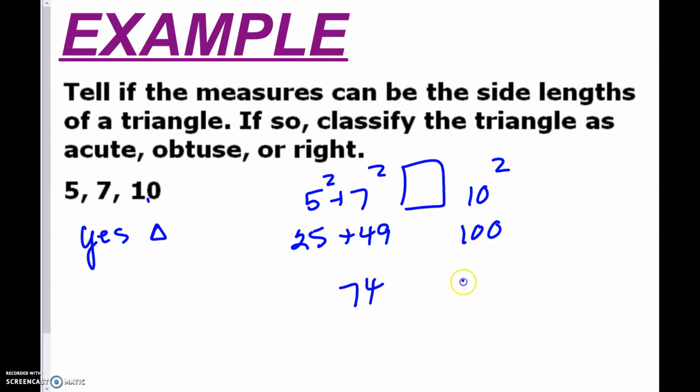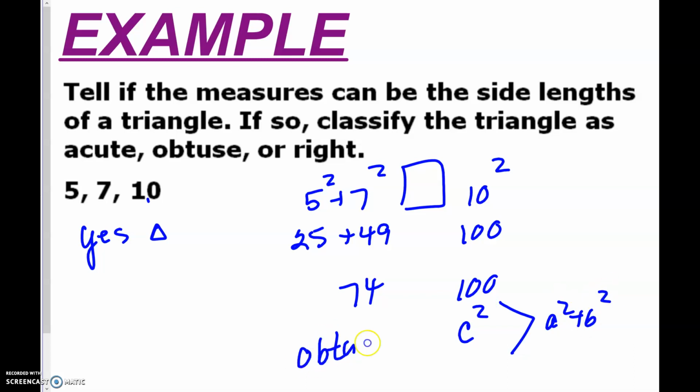Okay, and this is 100. So c squared is bigger than a squared plus b squared. So this is going to be obtuse. Okay, c squared is bigger than the other two combined. So we do have an obtuse triangle.